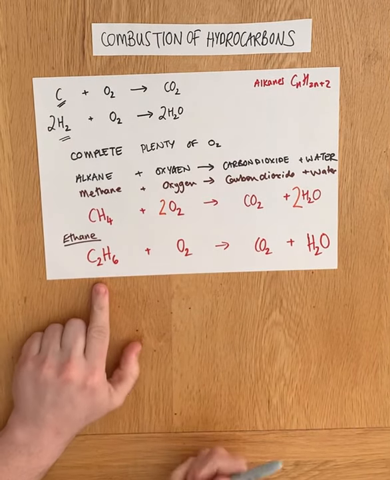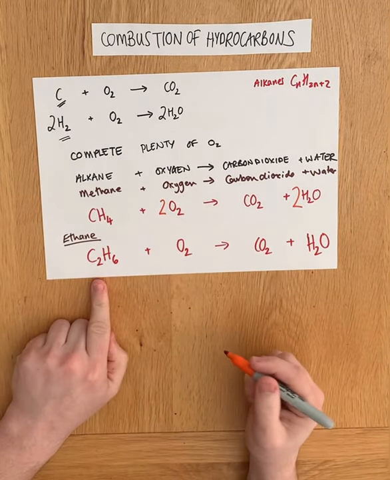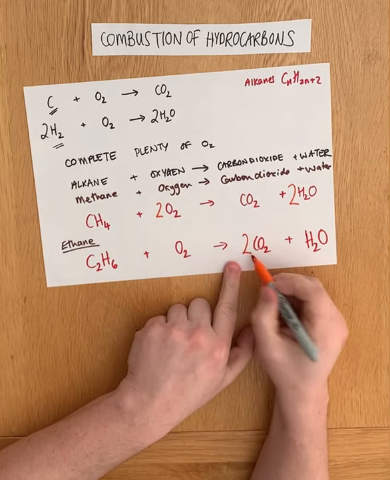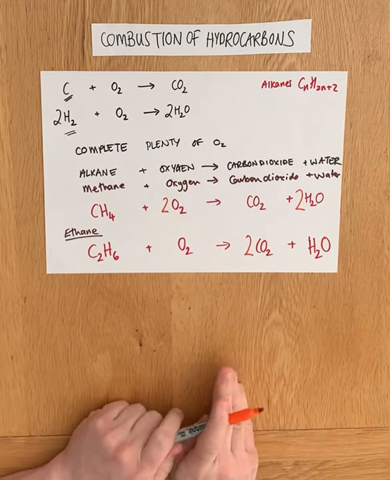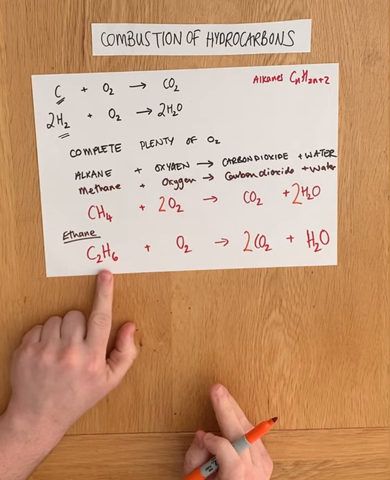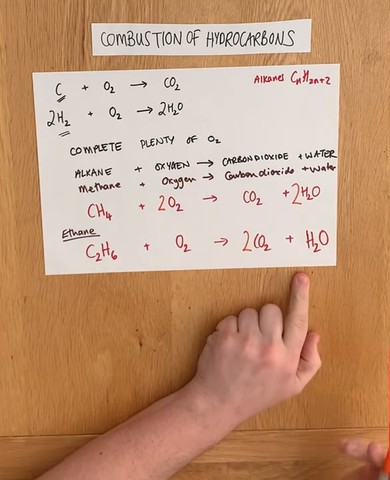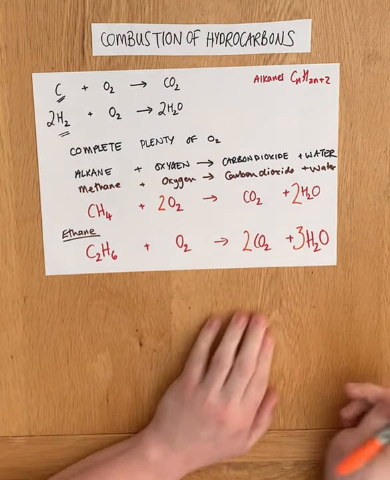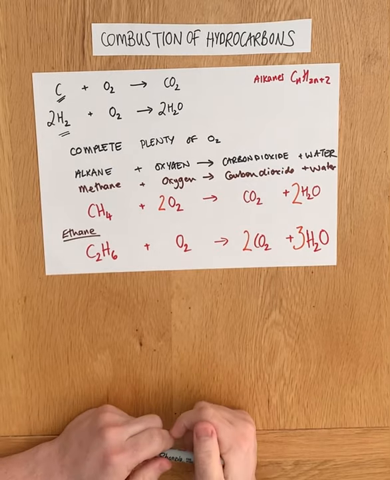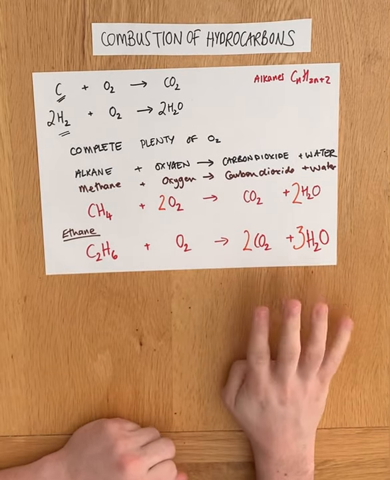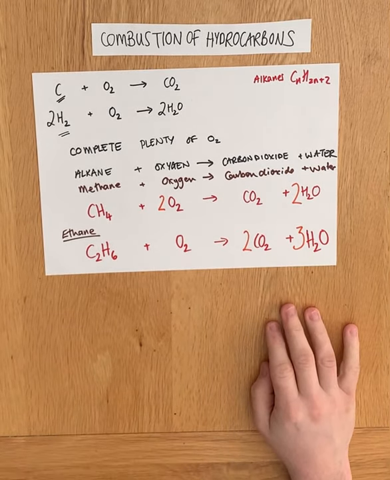Balancing it, number of carbons in my hydrocarbon will determine the number of carbon dioxides I produce. Number of hydrogens in my hydrocarbon, halve it, will give me the number of water molecules I will produce. Add up my total number of oxygens in my combustion products.